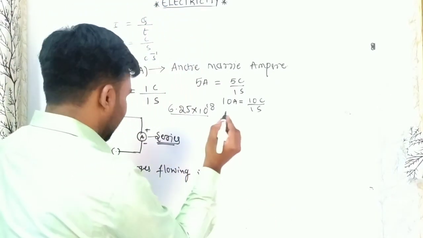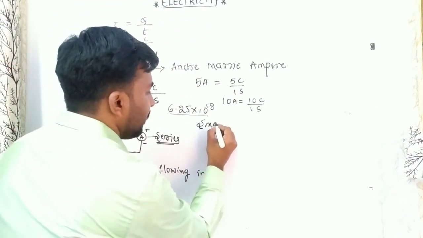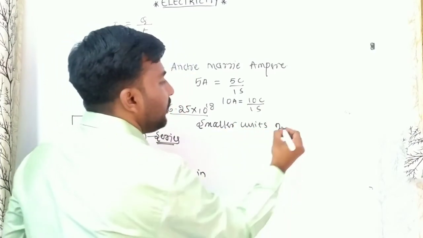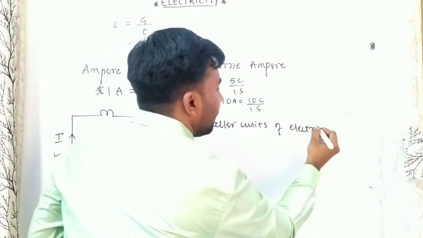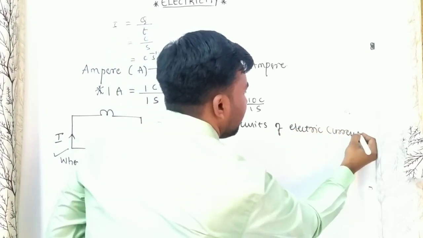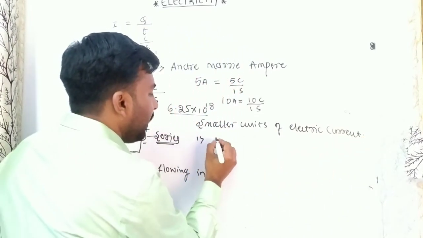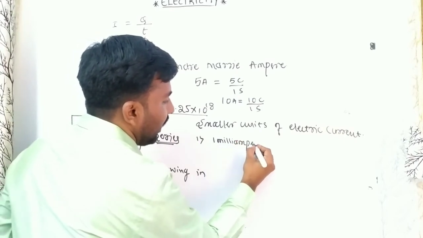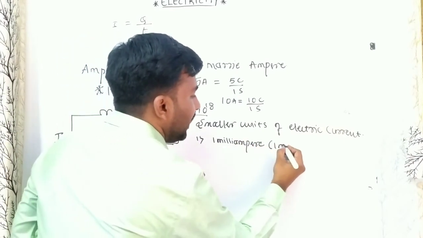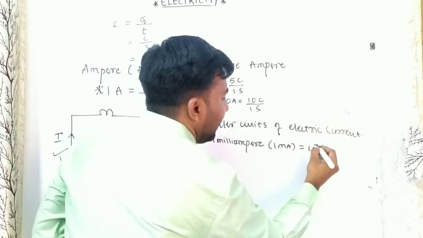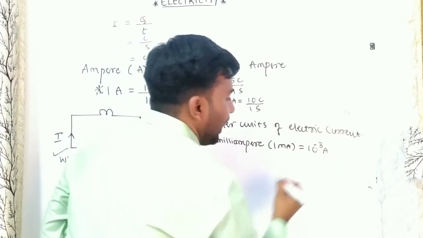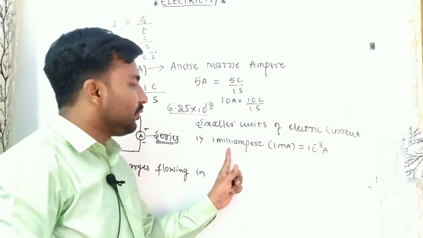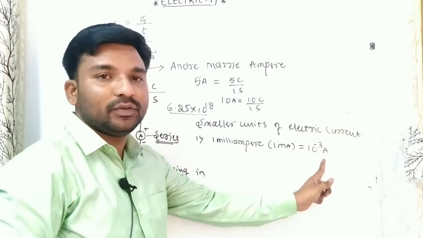The smaller units of electric current: first one is 1 milliampere. 1 milliampere is equal to 10 raised to minus 3 ampere. When we say the current is 1 milliampere, it means the current is 10 raised to minus 3 ampere.